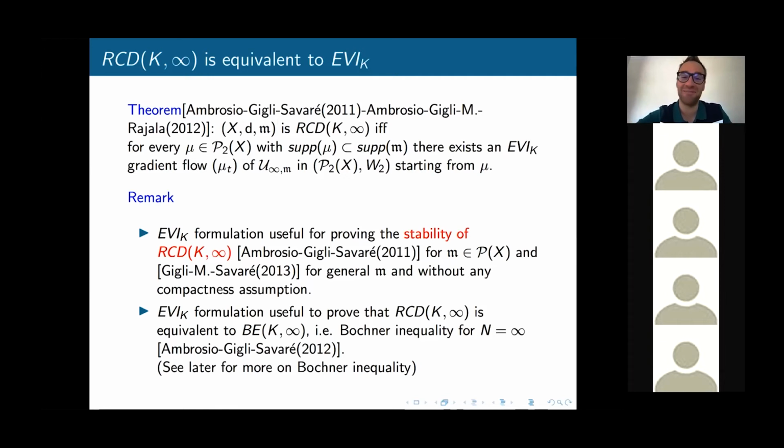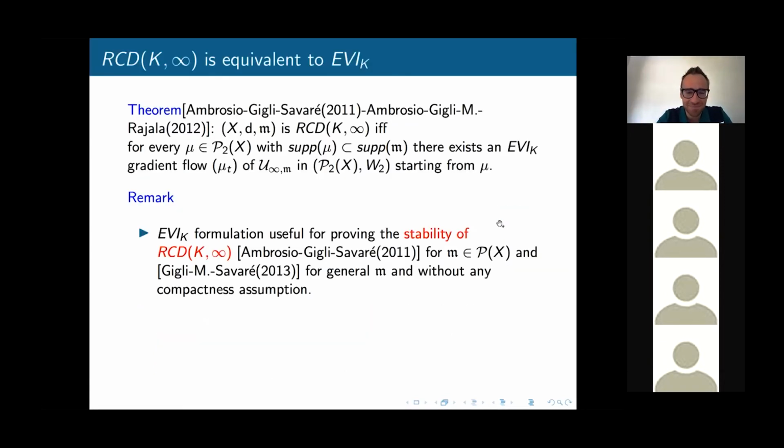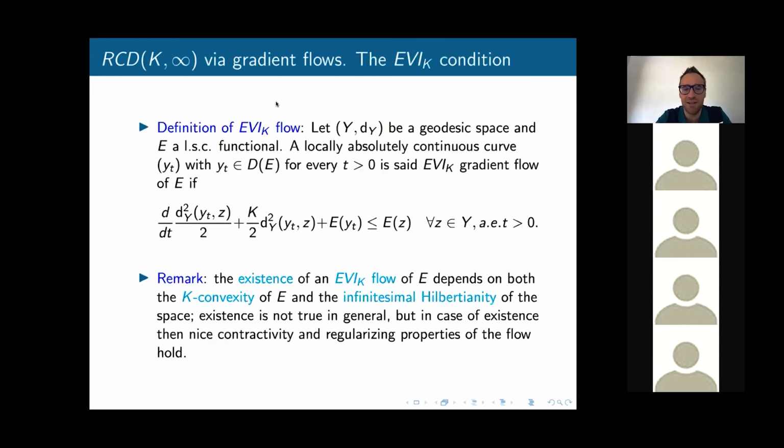I know it is not more clarifying, but it is a variational inequality in the sense that you have an inequality which is of variational kind, and is evolution because you are evolving in time. But I didn't give this name. And K is the parameter K which enters in the definition of EVI.